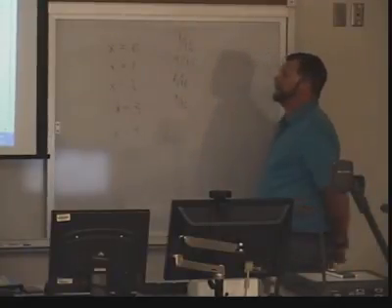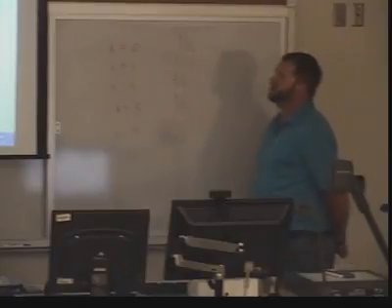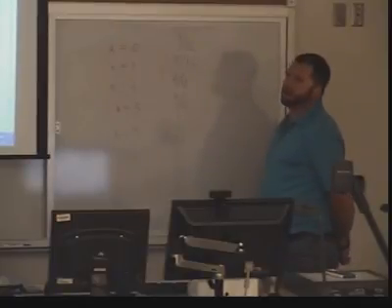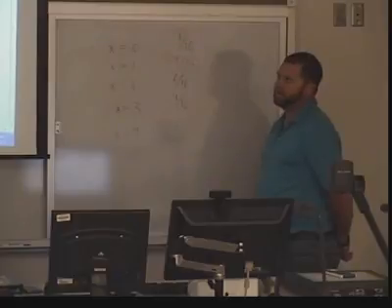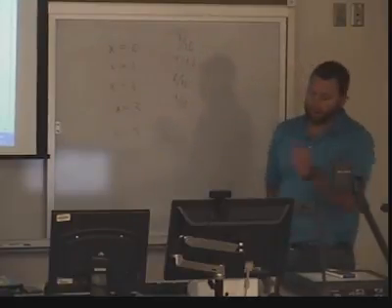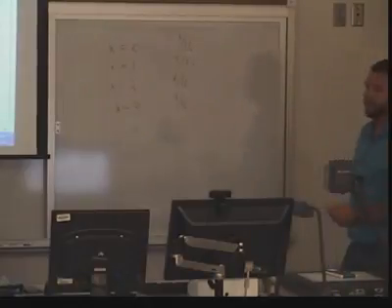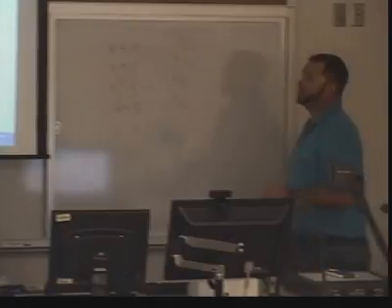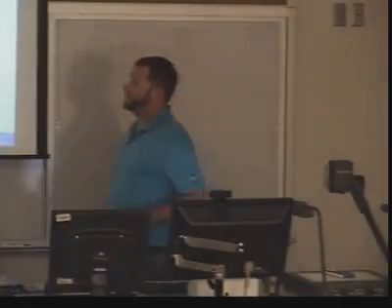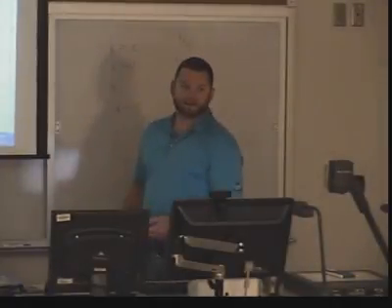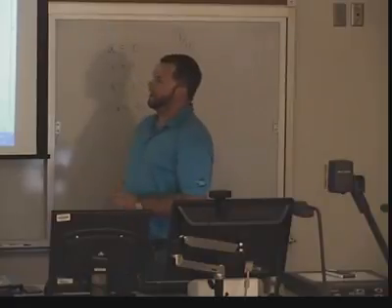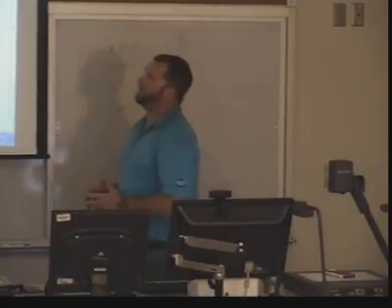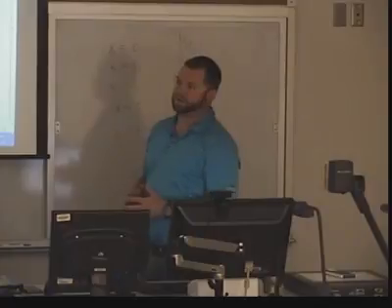What expected values would tell me is, if I did this experiment 10 million times, what would be my average number of heads? So I do the experiment, I flip a coin 4 times, I count the number of heads. I do the experiment again. I flip a coin 4 times, and I find the number of heads. Then I do the experiment again. I do it 10 million times. Out of all those experiments, what's my average number of heads?